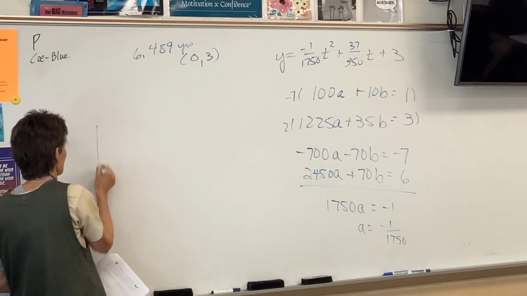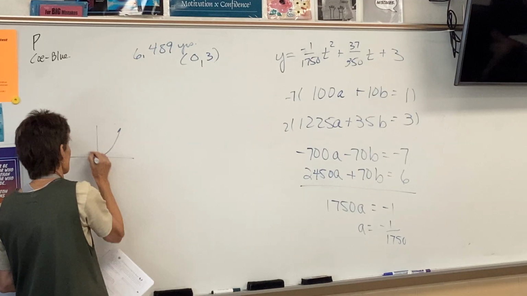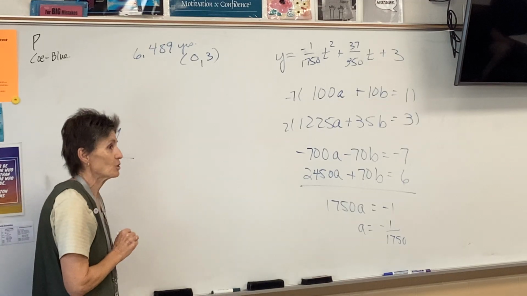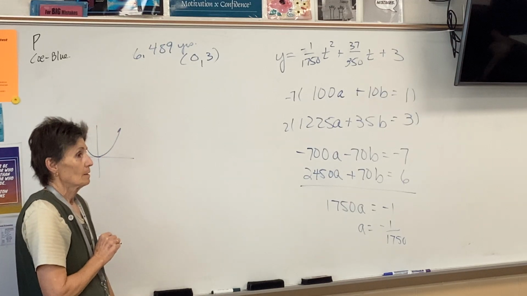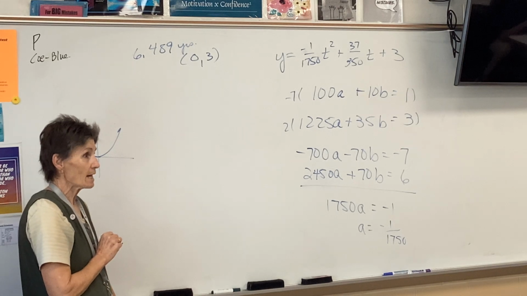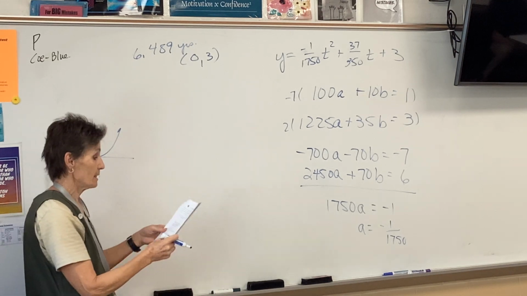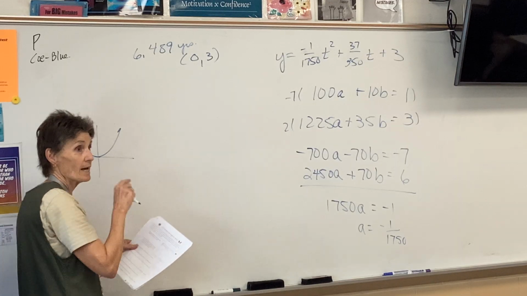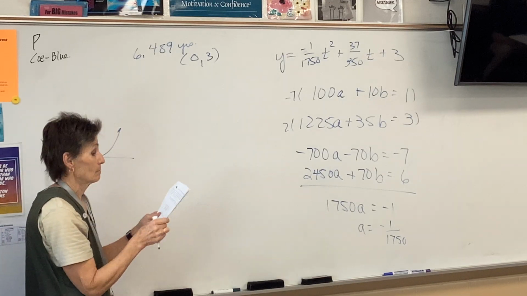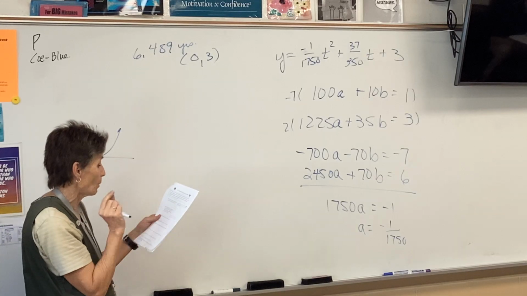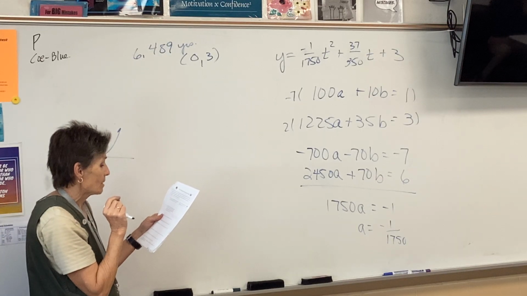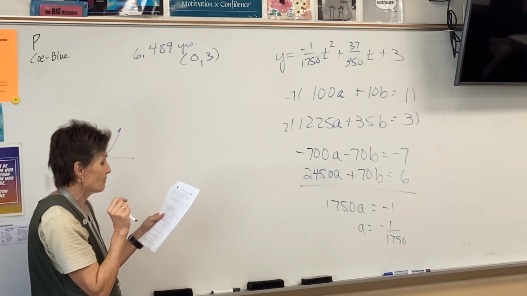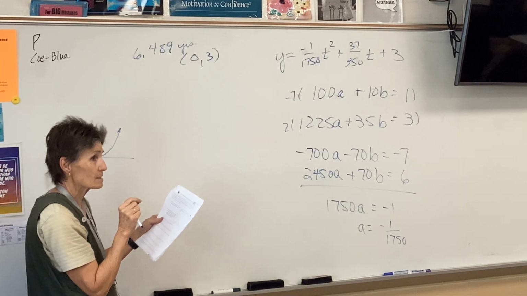Yeah, because a normal parabola looks like this. What's happened to yours? Its vertex is not the origin. Its vertex is approximately, what did we say? 35, 6?